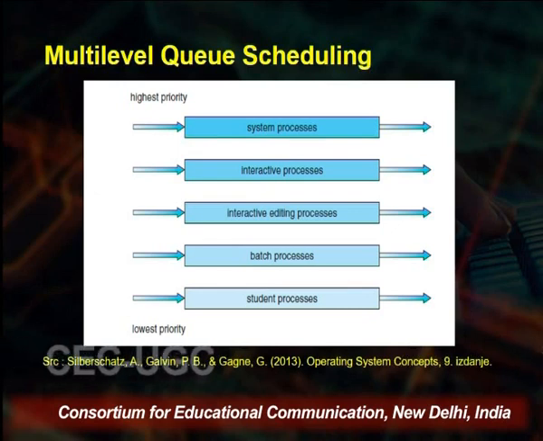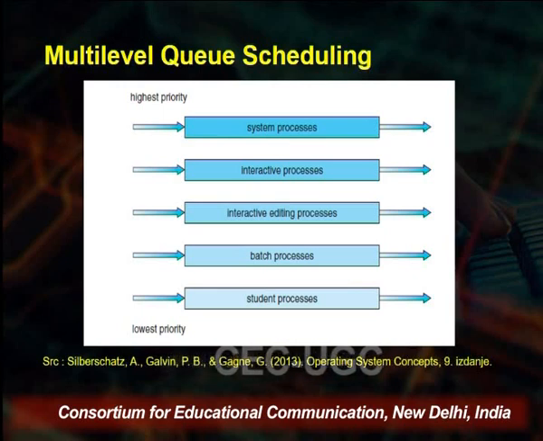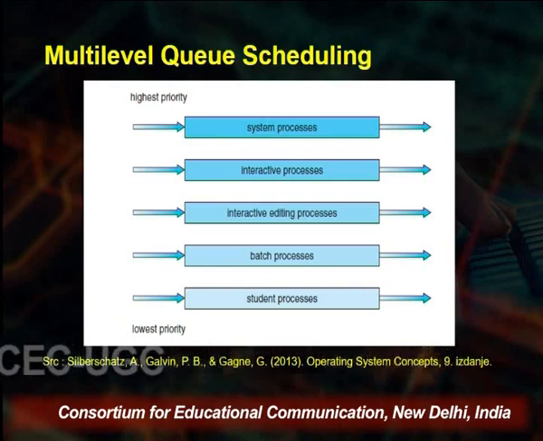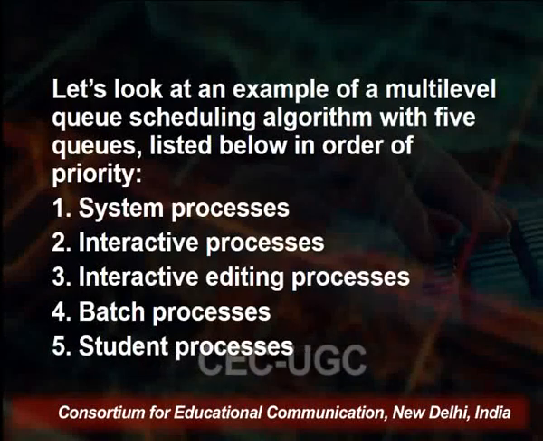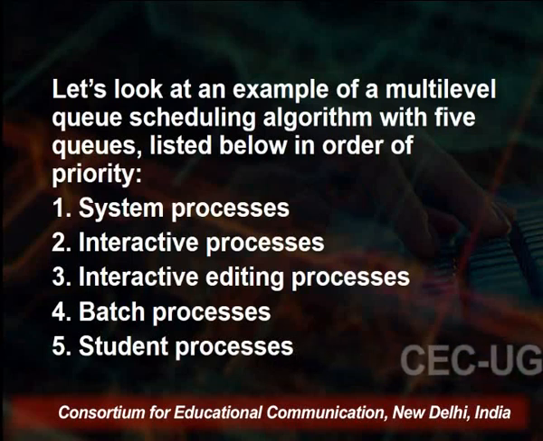So, the system process queue will have the highest priority, then interactive processes, then interactive editing processes, then you will have the batch processes, right.